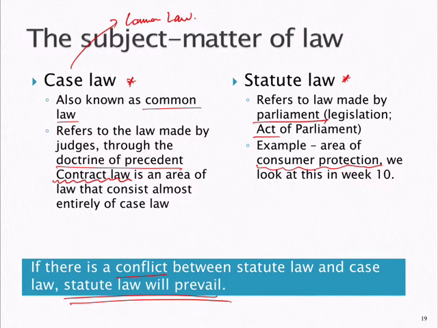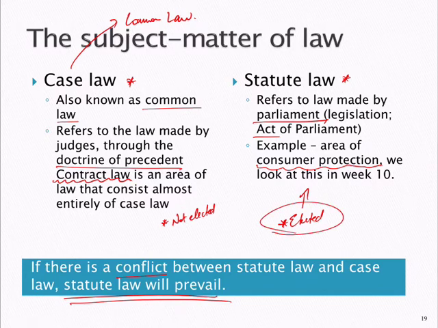The basic idea is that Parliament are the people we've elected, so when they make a law, it's reflecting the will of the people. Judges, in contrast, are not elected. So if they're thinking differently to Parliament, who should society follow? The idea is that we should follow those people who are elected. So we go with statute law trumping case law in the case of a conflict.